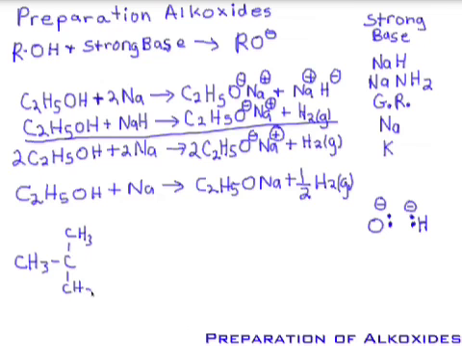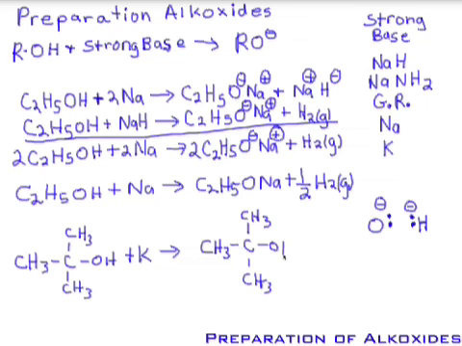So I could say tert-butyl alcohol plus potassium gives me potassium tert-butoxide plus 1/2 H2 gas. Okay.